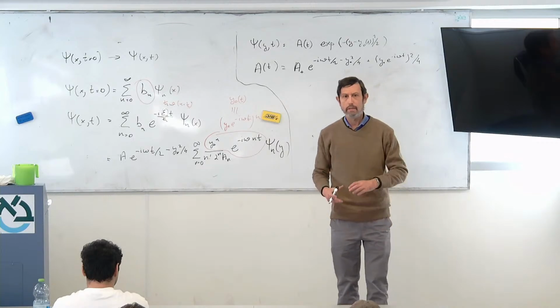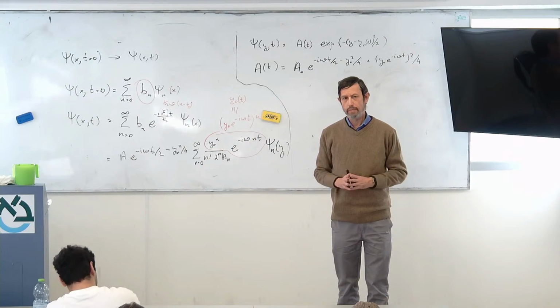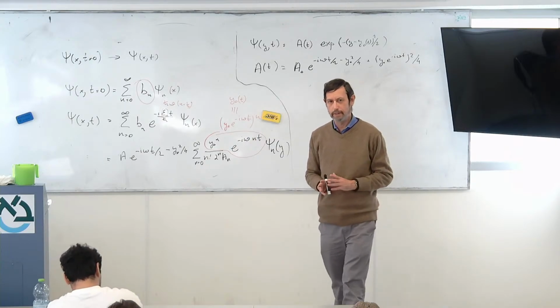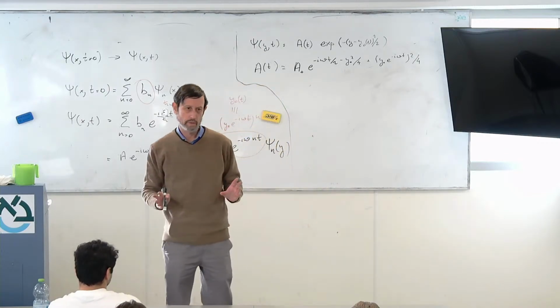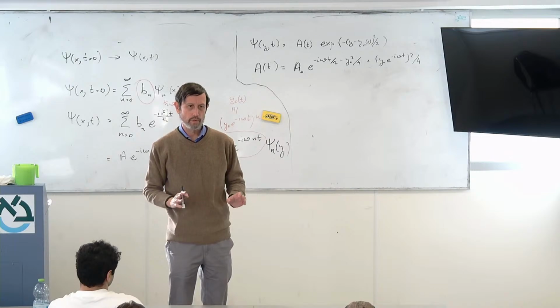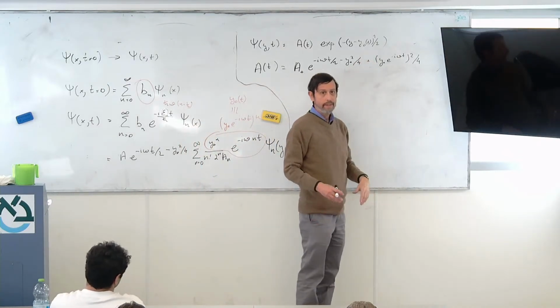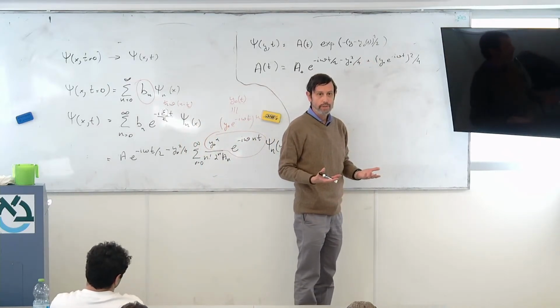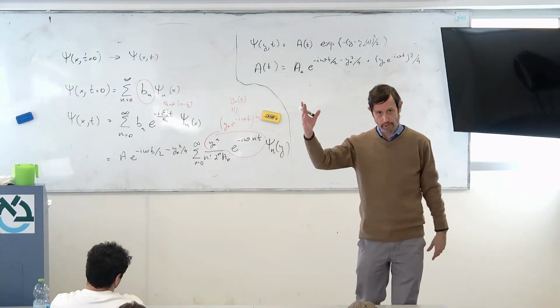Okay, now if someone here has a keen eye for details, she or he should have stopped me and said, one minute, you're a bit too loose. Why? Because y0 that I'm selling to you is actually the position, right?